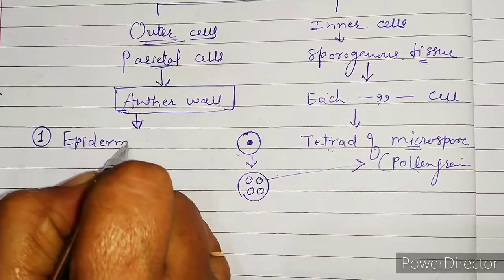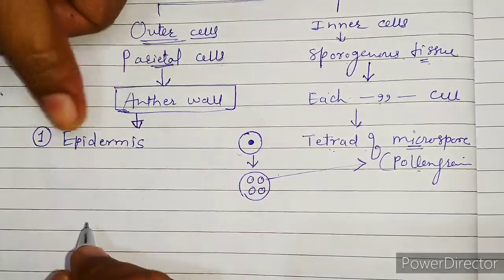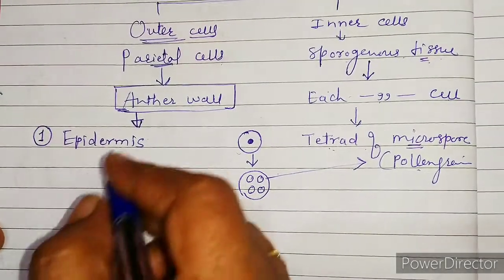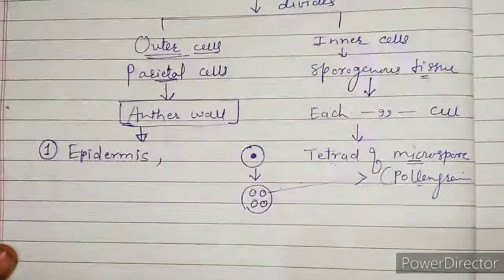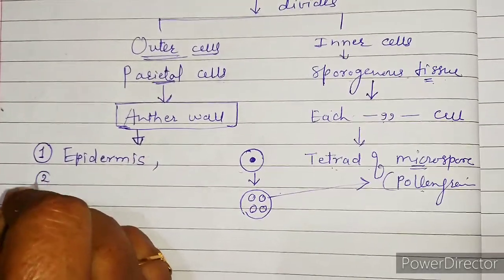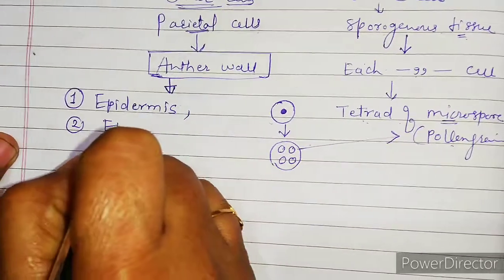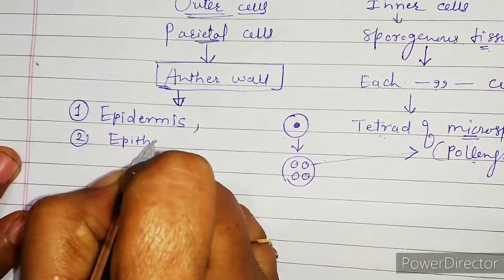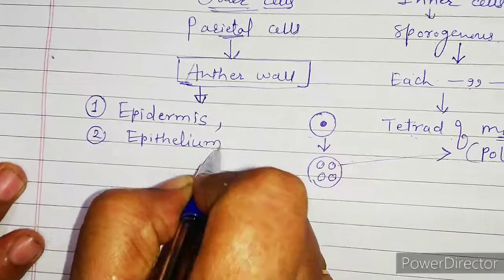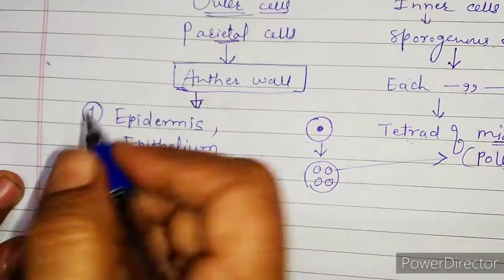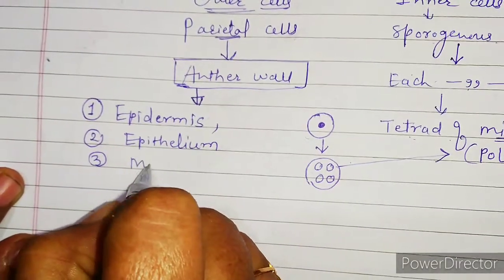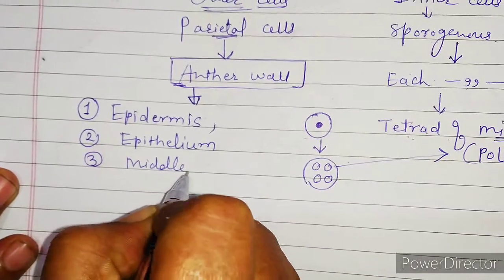epidermis. So epidermis is the outermost layer and it is a protective layer. It is composed of tubular cells. Now just inner to the epidermis there lies the epithelium. Third layer, that is inner to the epithelium, is known as the middle layer.